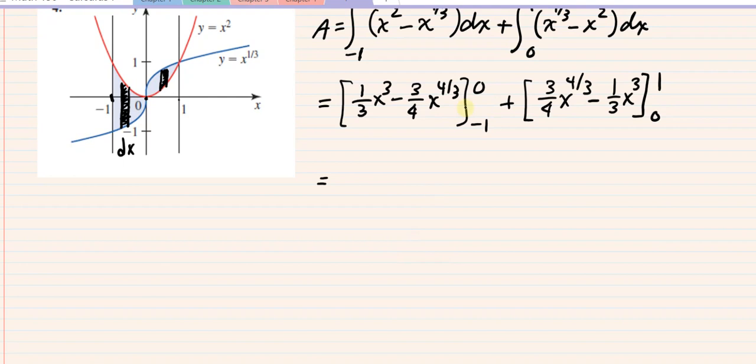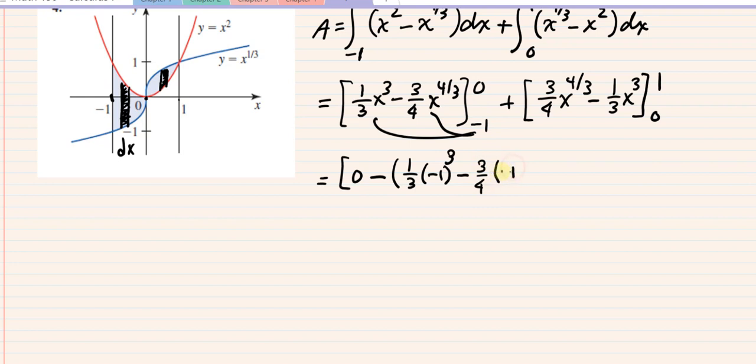We're doing the fundamental theorem of calculus now. The upper limit is 0. Plugging in 0 for x makes it 0, minus the lower limit. It's going to give me 1/3 of -1 cubed, right? Minus, I'm plugging in -1 here and here, minus 3/4 of x, which is -1 to 4/3.